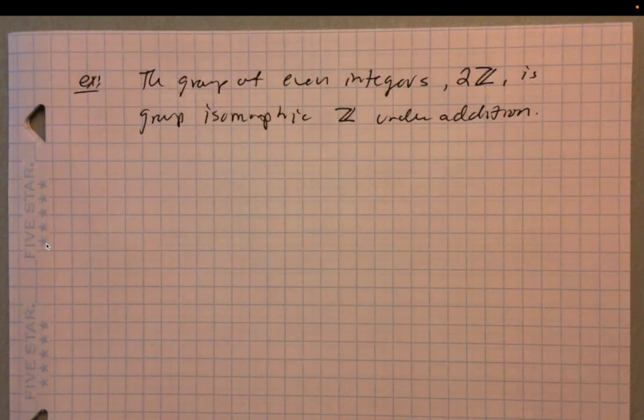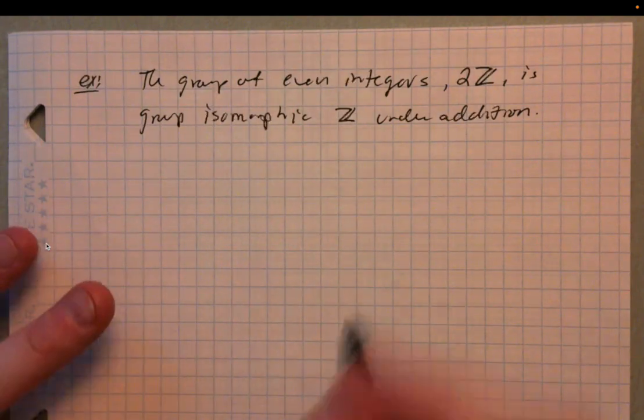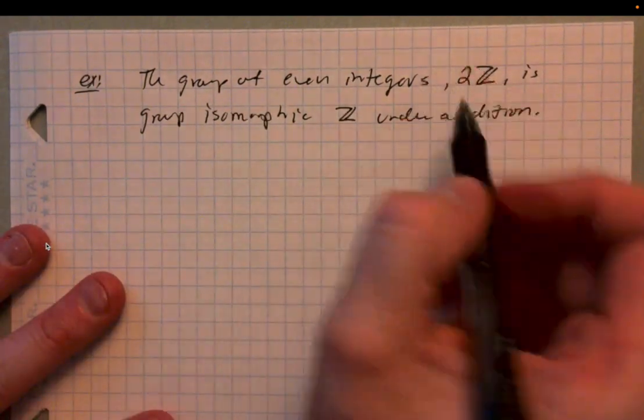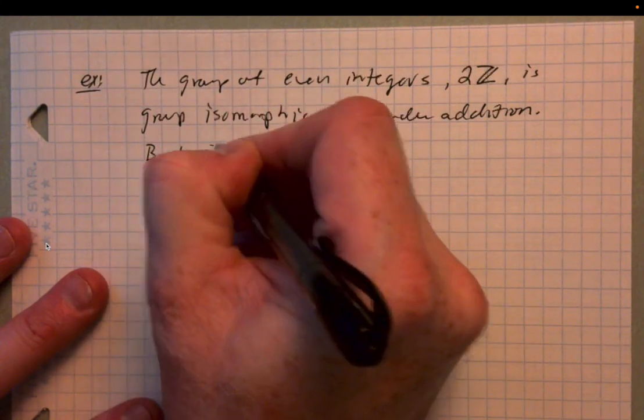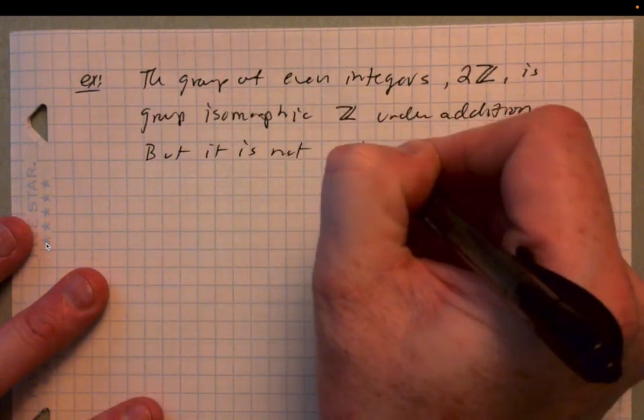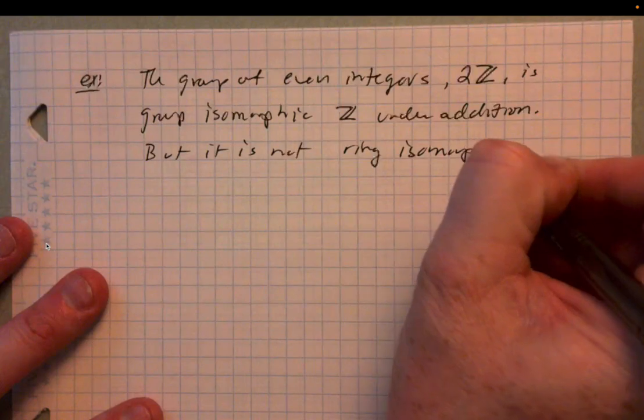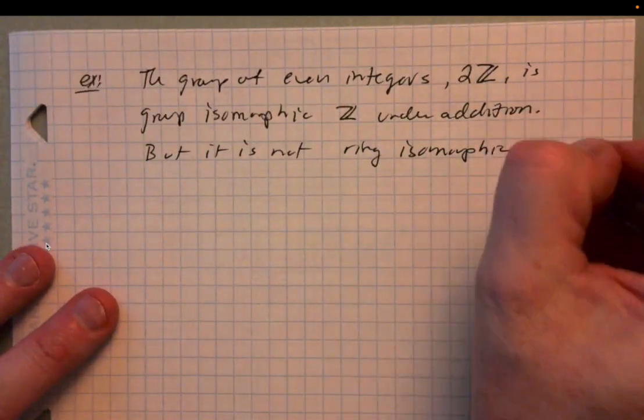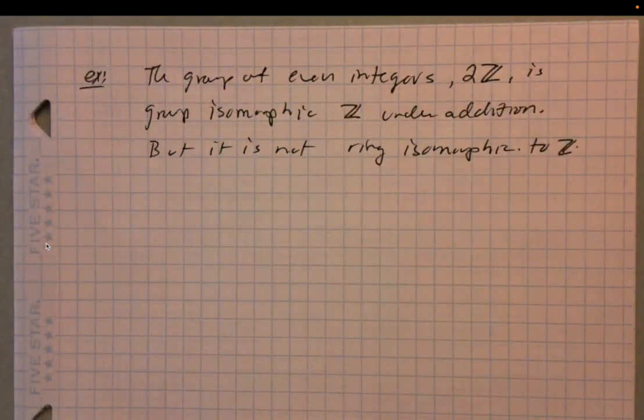But is it ring isomorphic? Does the same principle hold for rings, right? No, it doesn't work for rings, right? It is not ring isomorphic to Z. Right, now what's missing here? Well, 2Z doesn't have an identity element, a multiplicative identity. It doesn't have a unity, right? And so this one doesn't work out for that reason.